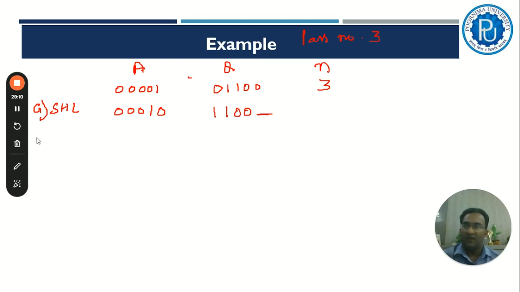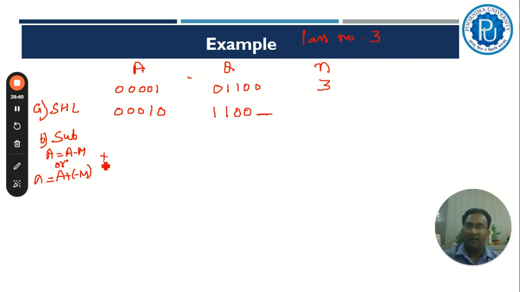After this, the second step in this pass is to do the subtraction, that is A equals A minus M, or A equals A plus minus M, which we are going to perform.